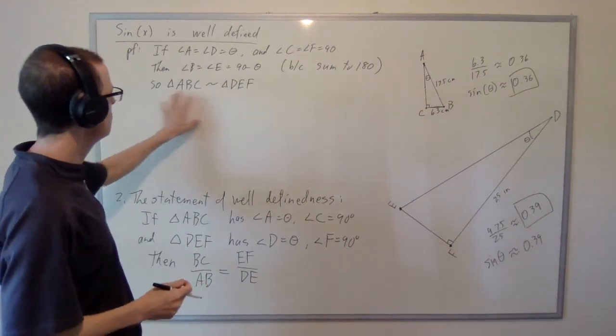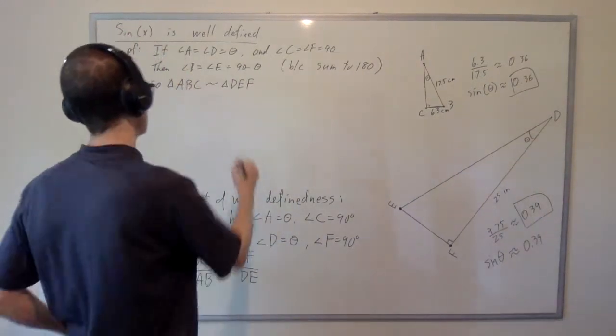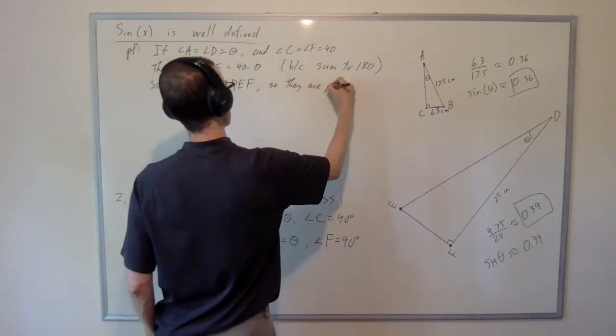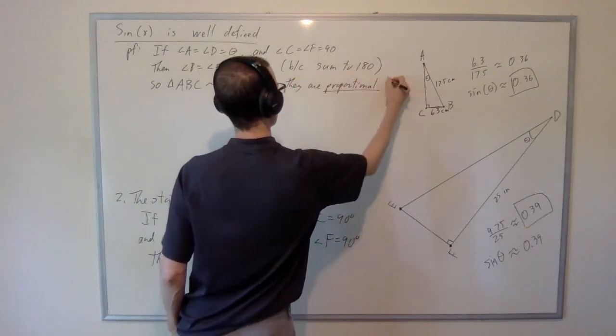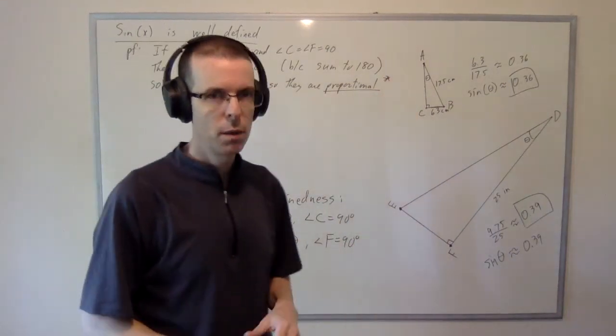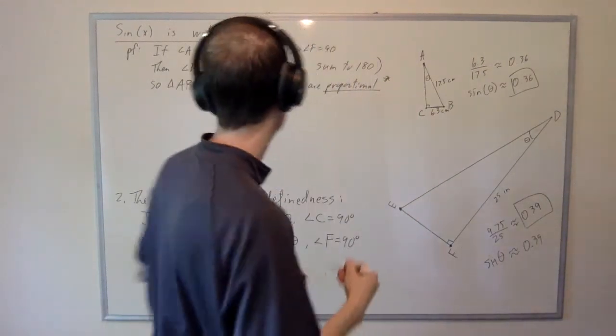So this means that the triangles are similar, and if the triangles are similar, then they are proportional. I'm going to put an asterisk there. So what does it mean to say that they're proportional? It means that ratios of sides calculated between the triangles are always going to agree.